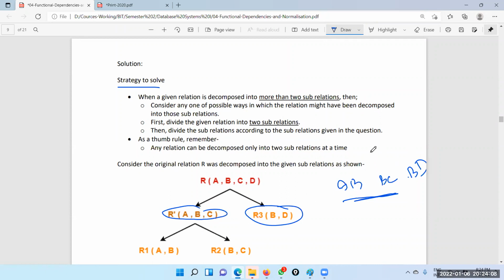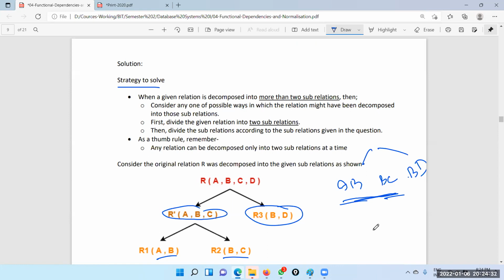Now it is this one and this one. Now, of course, I have to subdivide this. Right? Now I can clearly see that out of ABC, we have AB and BC. Okay. So that is one possible decomposition path.